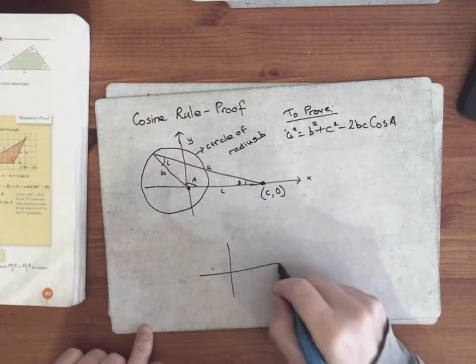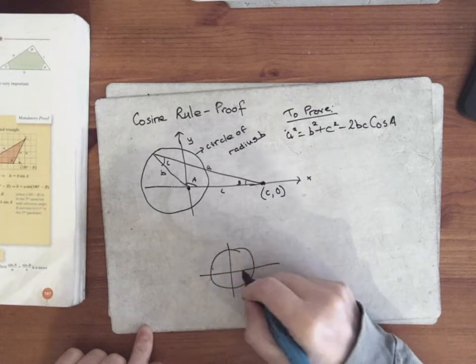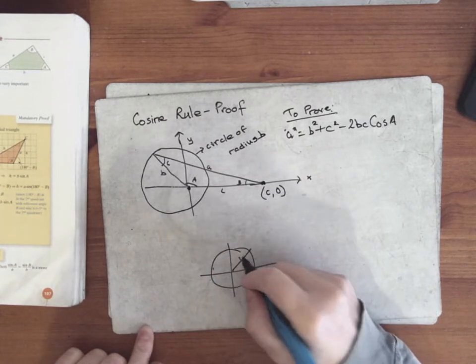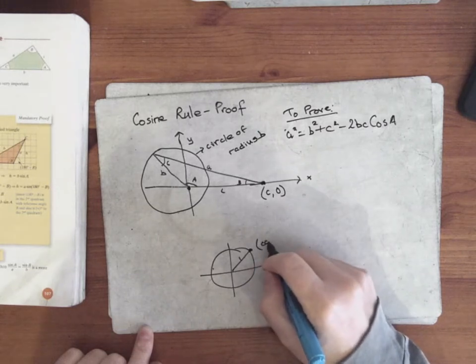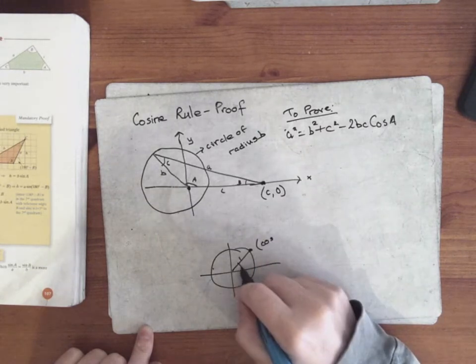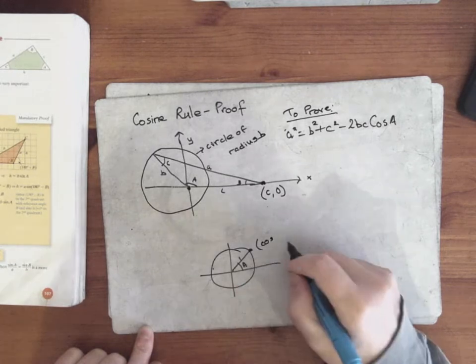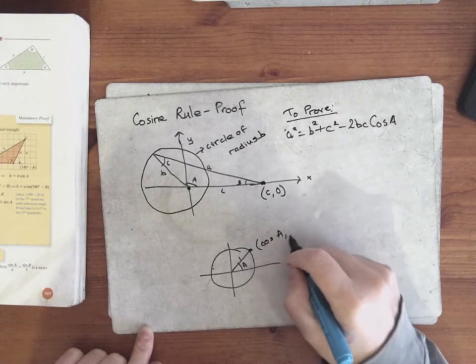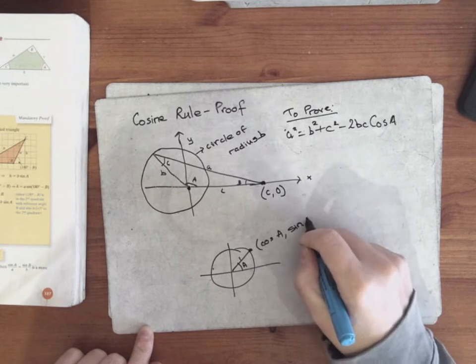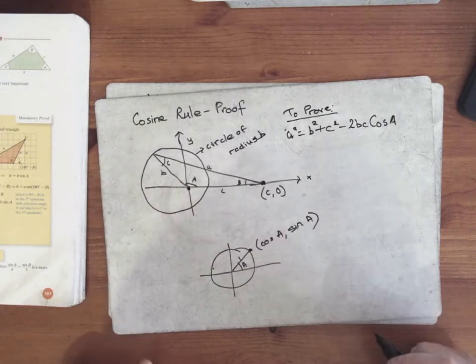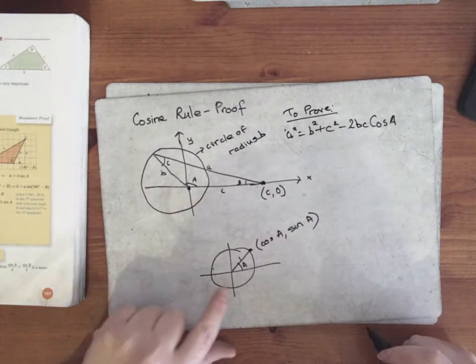Remember when we had the unit circle? The unit circle had a radius of 1. The coordinates of any point on the circle were cos A, sine A, weren't they? They were the coordinates of any point on the unit circle.